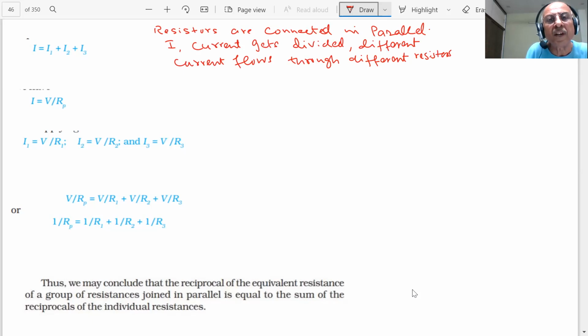And experimentally, we find I is equal to I1 plus I2 plus I3. Okay? Experimentally it is found.